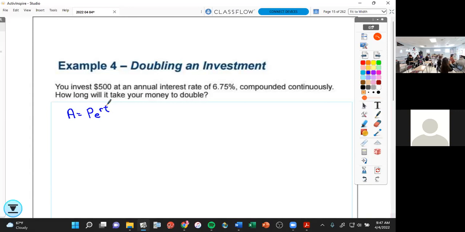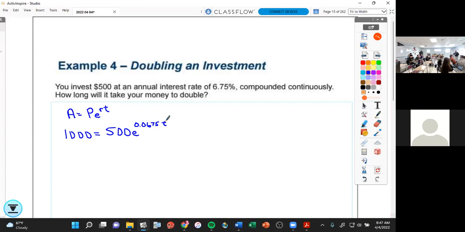To double my money, if I start with 500, then A is 1,000. P is 500, E is E, R is 0.0675. T is? Okay, we don't know. That's what we're solving for.